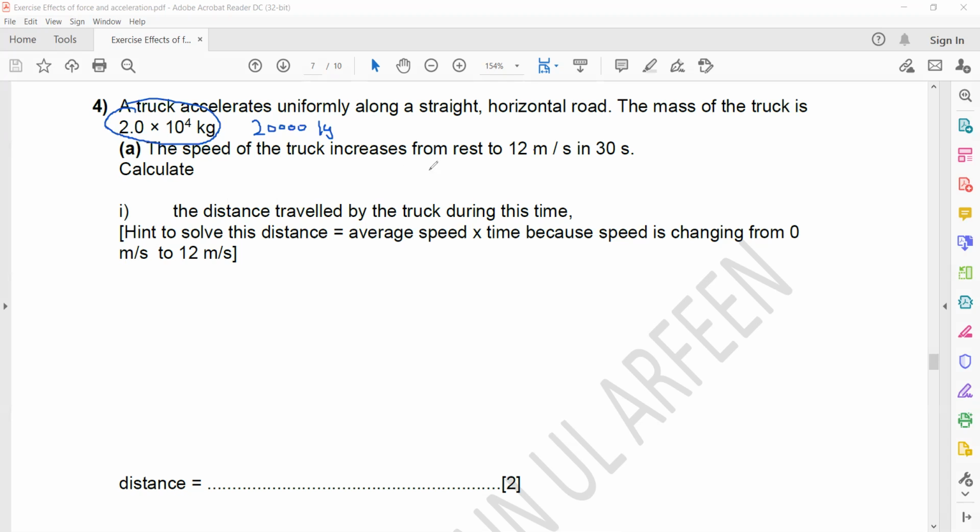The speed of the truck increases from rest. When something is at rest, the starting or initial speed is 0, and the final speed is 12 meters per second. So in 30 seconds it changes its speed from 0 to 12 meters per second.